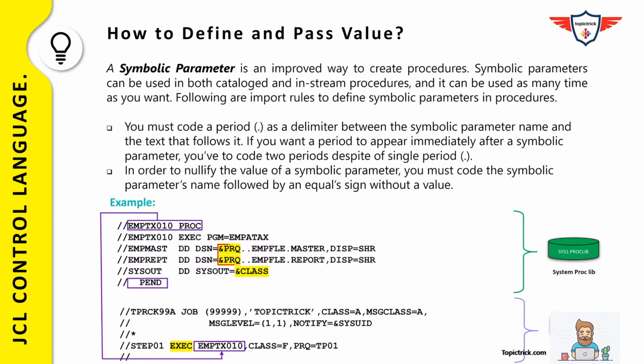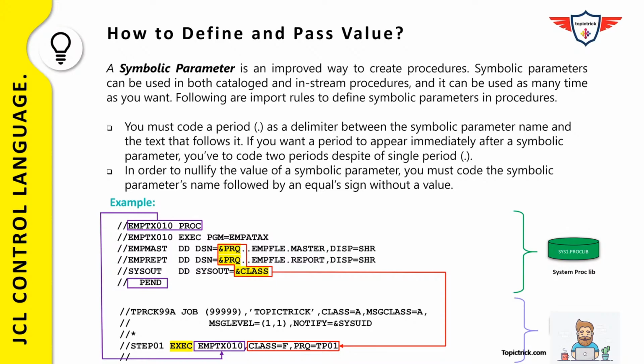If you look at the dataset name, you will notice that instead of using a high-level qualifier, I've used a symbolic parameter. In this case, the symbolic parameter is &PRQ., and I pass the value of this symbolic parameter when I'm calling the catalog procedure.